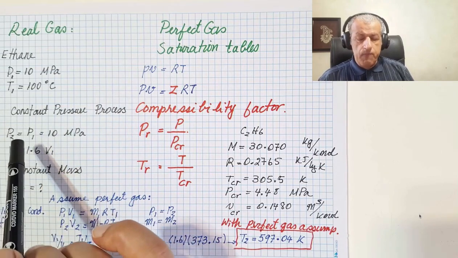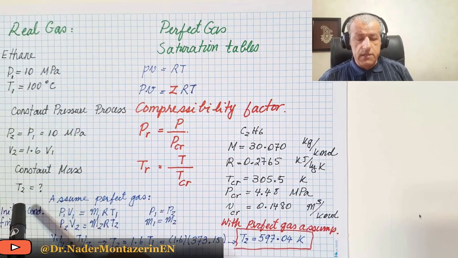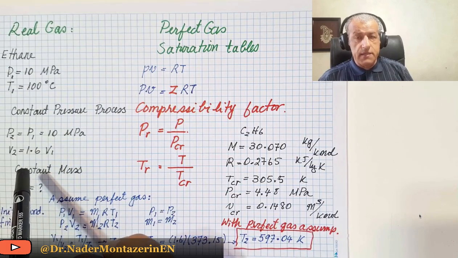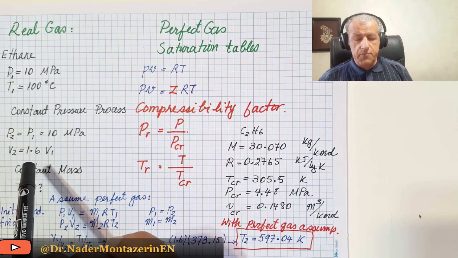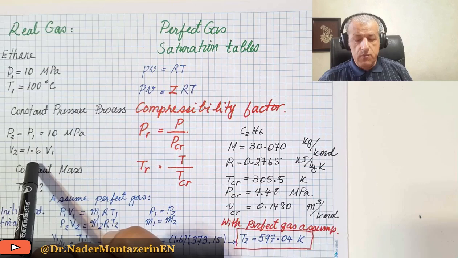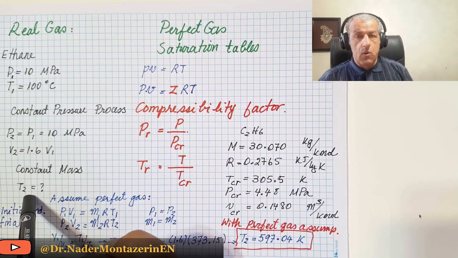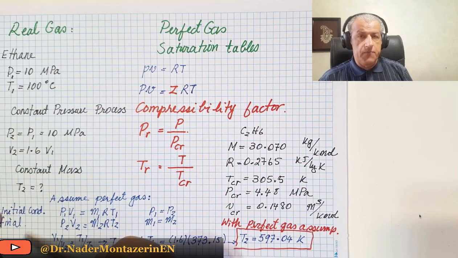Initially, it was at 10 megapascals and 100 degrees C, and in a constant pressure process, its volume expands 60%. I mean, the second volume is 1.6 times the initial volume. And we want to know what the final temperature is.